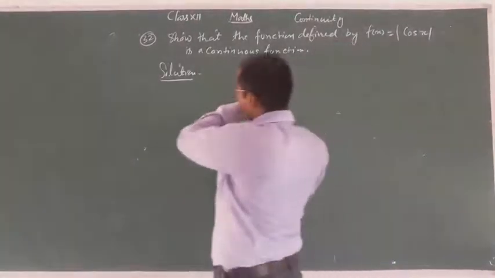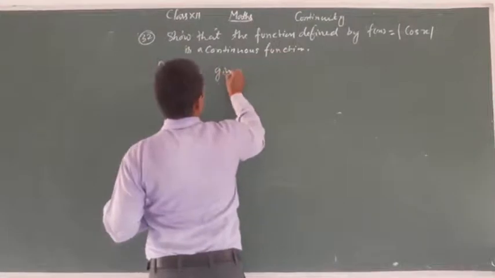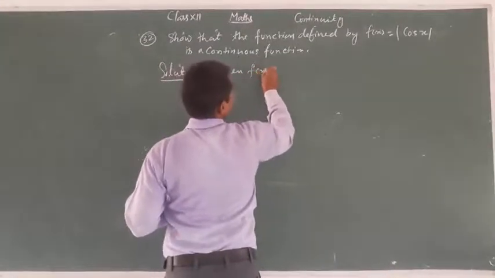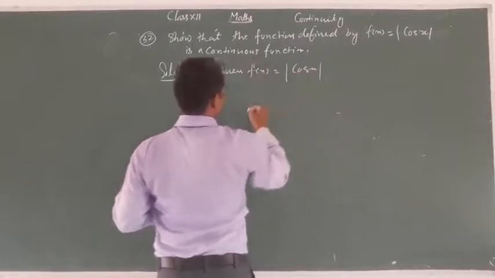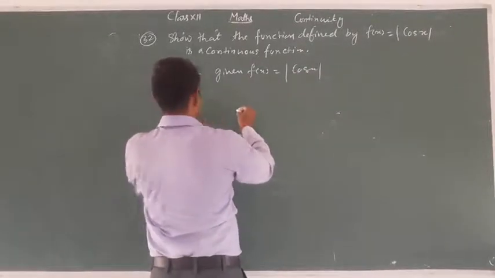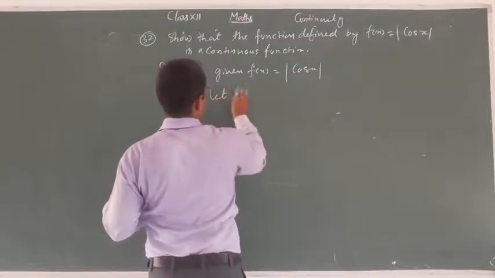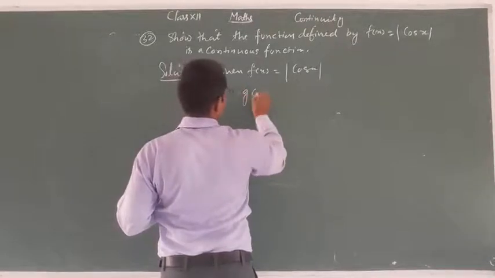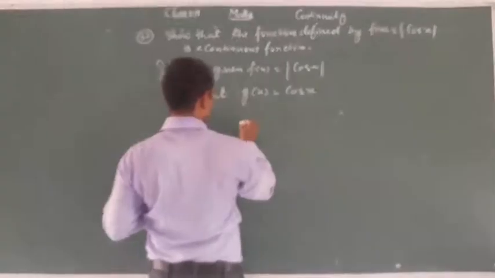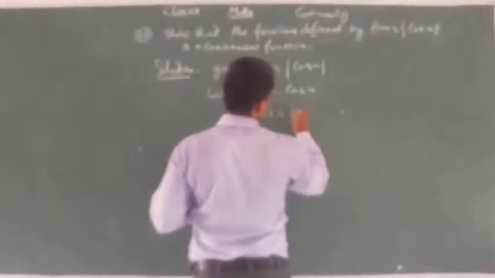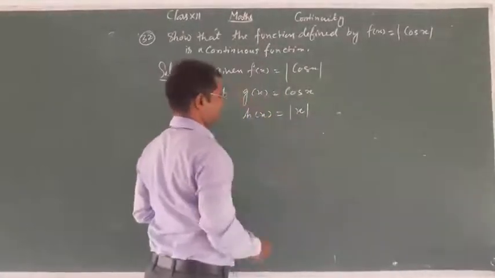Now given function f(x) is equal to cos mod x. Now let g(x) is equal to cos x, and also h(x) is equal to mod of x.